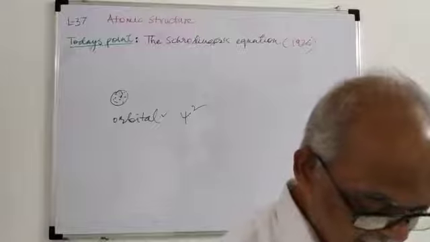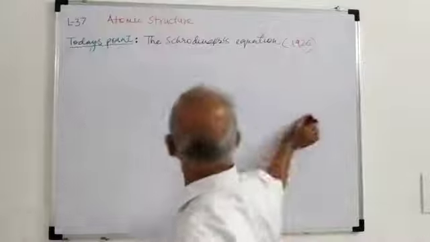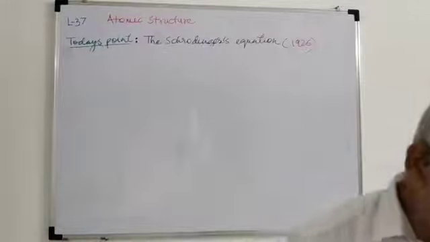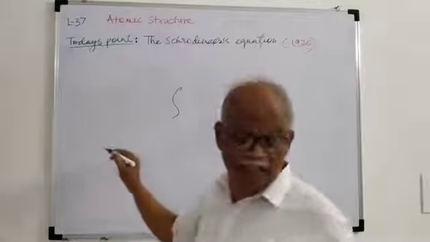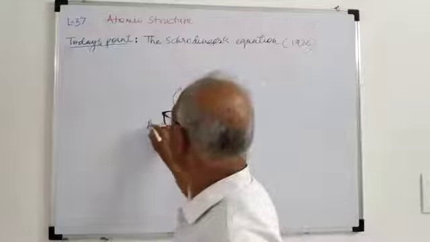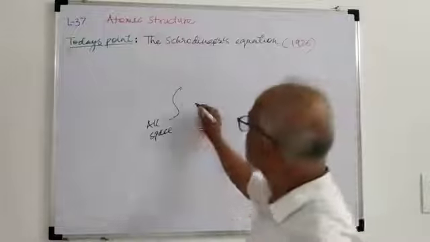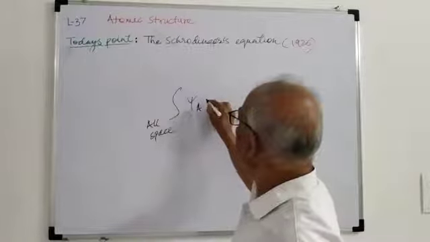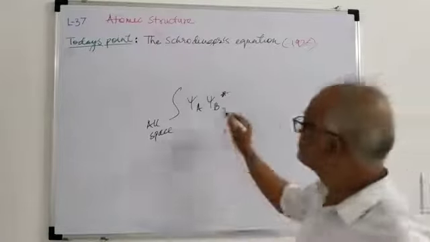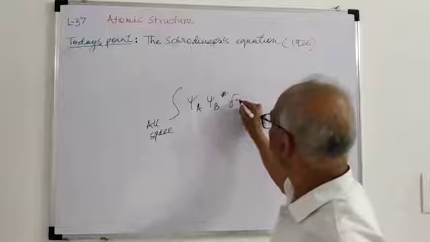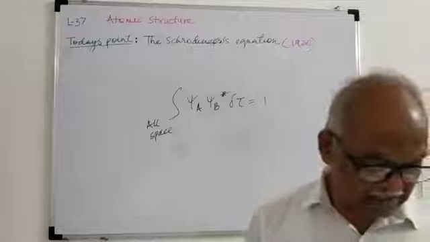Then the integral over all space of psi a into psi b into d tau is equal to 1.